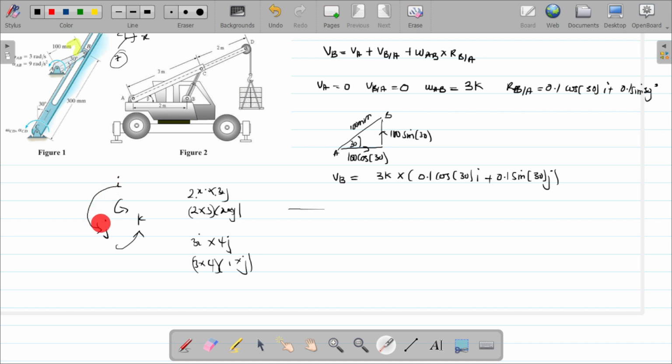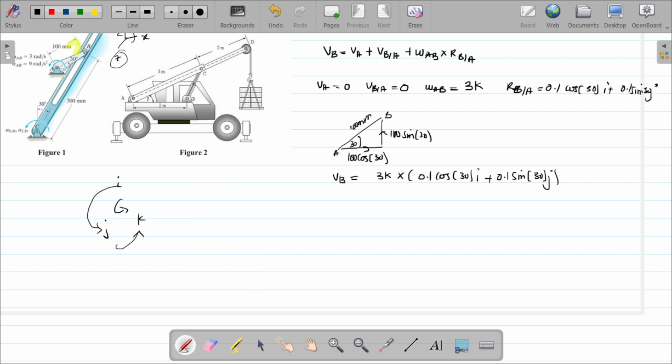If I have i cross j, you don't have to skip one unit vector before you get to the j. So if I have k cross j, I don't have to use this side, I have to use this side. K cross j, you could see it's going in the opposite of the counterclockwise direction, so the answer will be negative i.